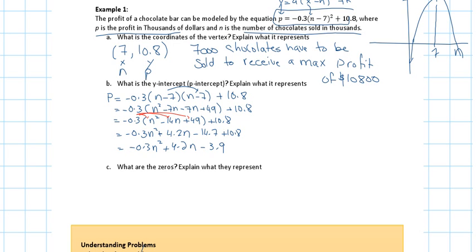Okay. So what is your y-intercept? Negative 3.9. And what does that represent in this scenario? What does y represent in our scenario?